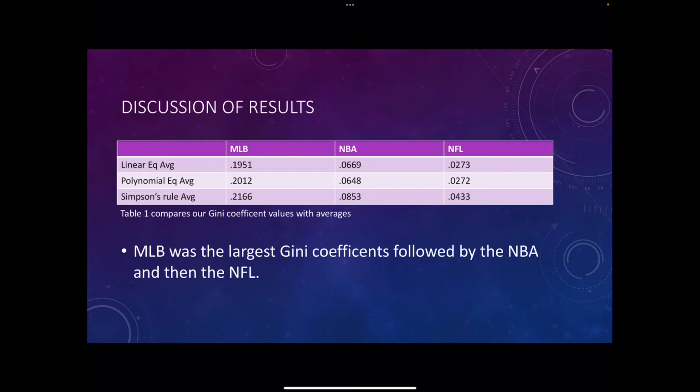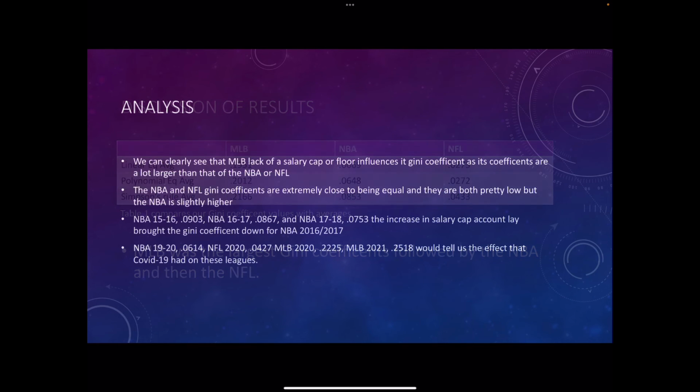Now, as you can see in this table, we compare our Gini coefficient values with our averages. We can see the MLB has the largest Gini coefficients, followed by the NBA, then the NFL. So here's the part we've all been waiting for, the analysis of our Gini coefficients.